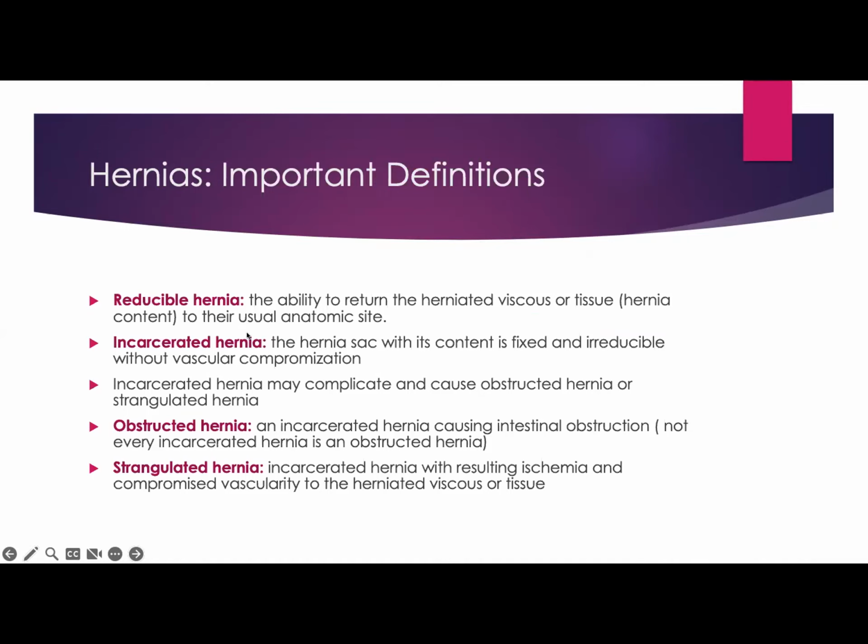Even if we have an external hernia, which is the complete hernia, which has the peritoneal sac along with the viscus, we can either reduce it or it can be fixed. The reducible hernia is the ability to return the herniated viscus or tissue, which is the sac in general, to their usual anatomic size.